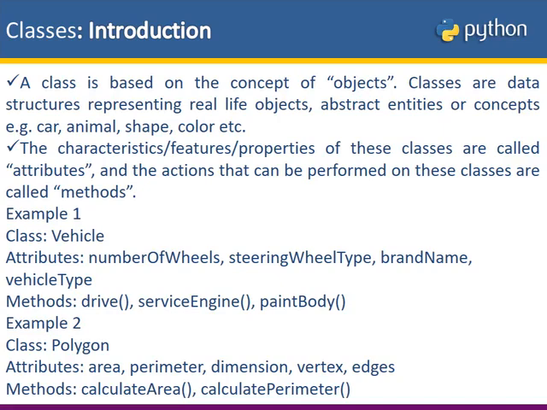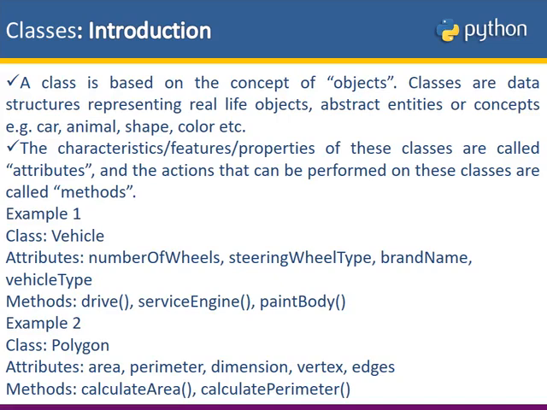Those are the attributes for that vehicle. And we have the methods too. I told us the method is the action that we perform on that class. So the methods for that class vehicle are drive, service, engine, paint, body.